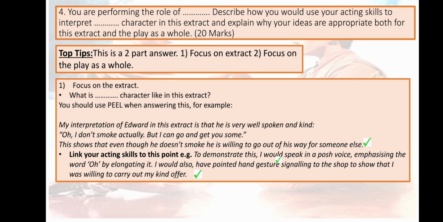Remember, you are writing out what your interpretation is, you're then providing a quote for evidence, and then explaining it. You must then state how you would use your vocal and physical skills to show this interpretation. Remember to quote key lines of dialogue and provide justifications, i.e., say why you have decided to do this. Pause the video here to complete this section.